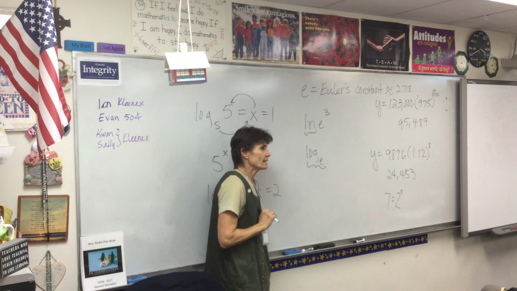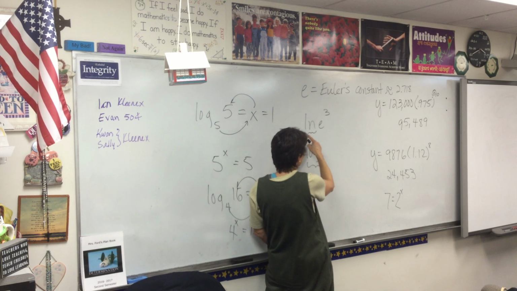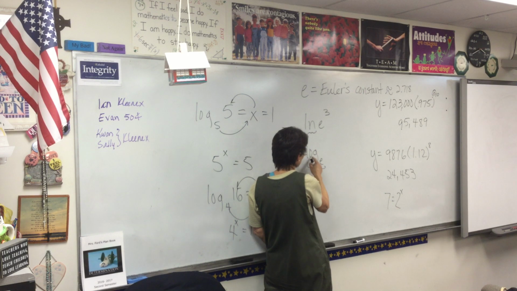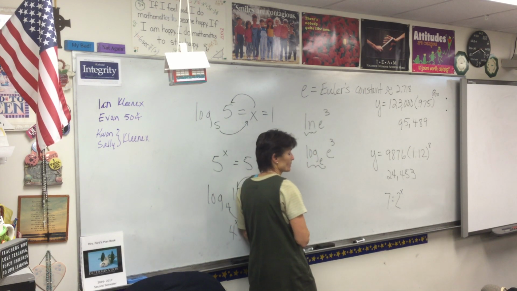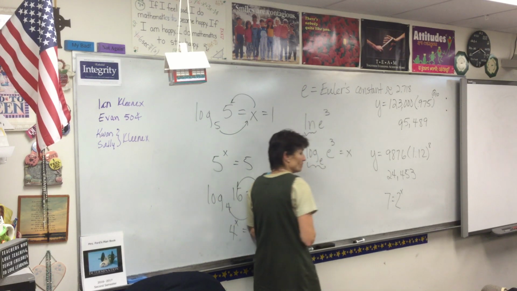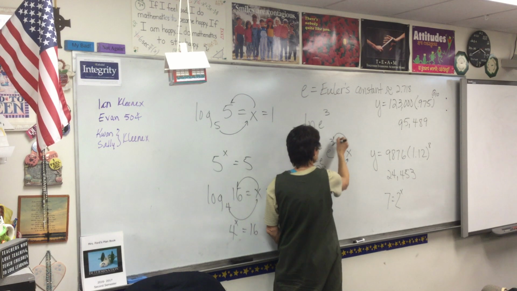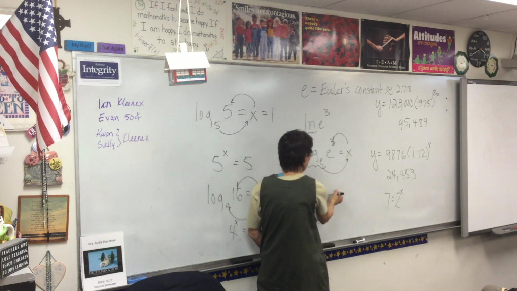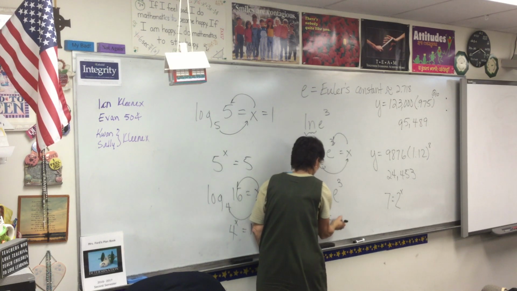So when I'm doing an ln problem, I'm going to rewrite it. Instead of ln e cubed, I'm going to write log base e of e cubed. I want to know, what does that equal? Don't the e's cancel? If I do a loop-de-loo on this, e to the x equals e cubed. That's just x equals 3.